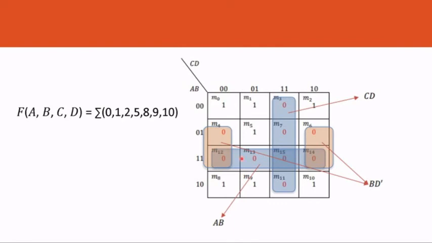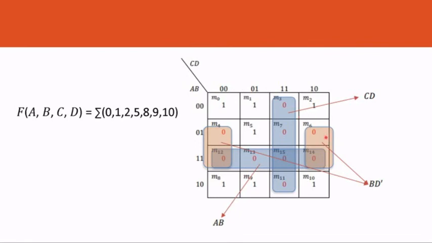Okay, we have plotted zeros. So the same thing as we have grouped the ones in the minterms, we are going to group zeros, and the same, we are going to find which variables are similar, and that will be our expression.